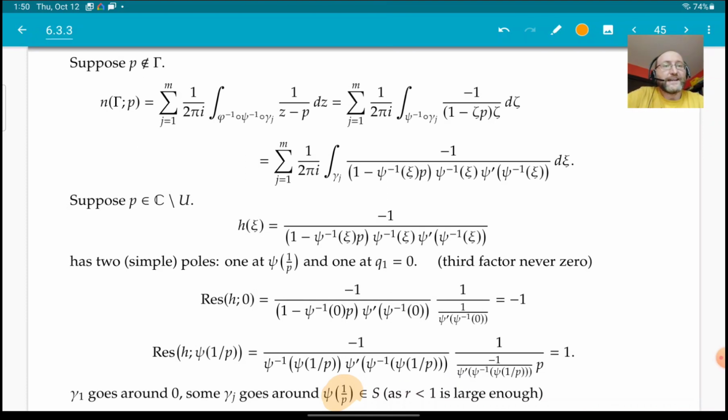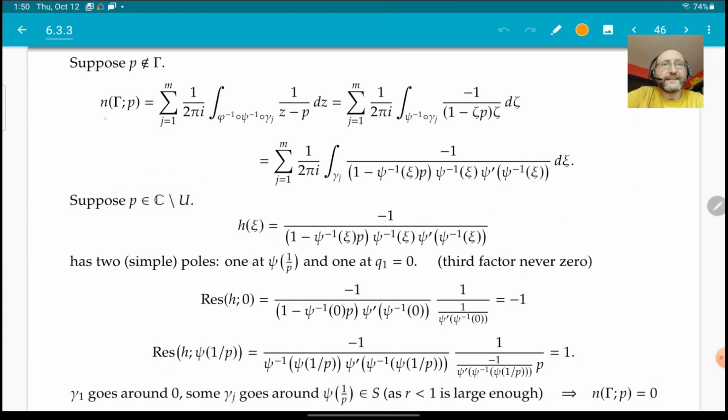So maybe not some other, but some gamma j, maybe even gamma 1, goes around everything in S. So we definitely go around both if P is in the complement, and therefore, when we apply the residue theorem, we just get 0, right?